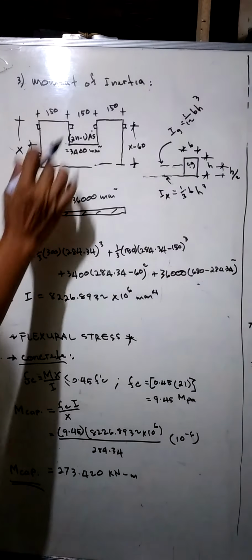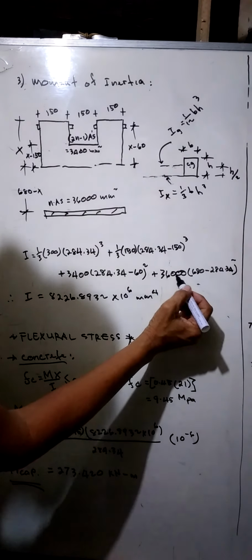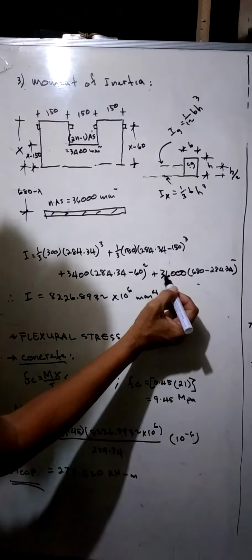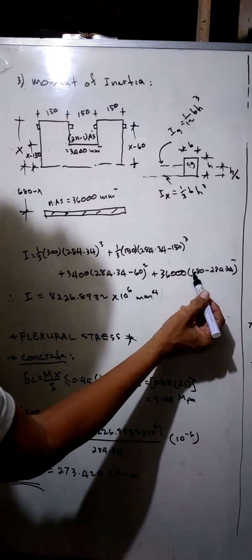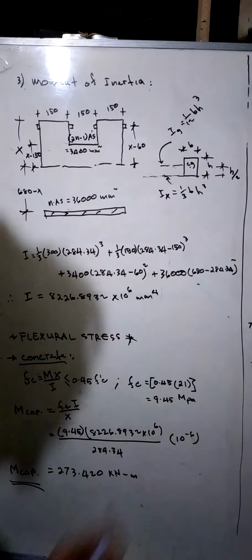So that is for the compression. And then for the tension, 36,000 times 680 minus 284.34.